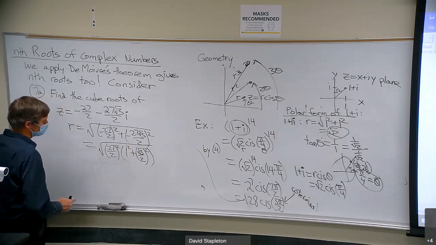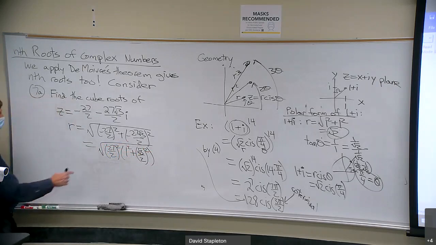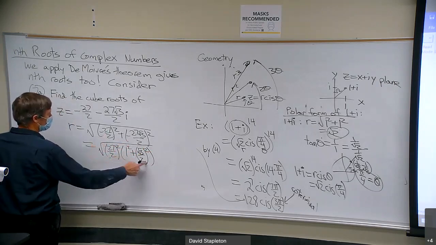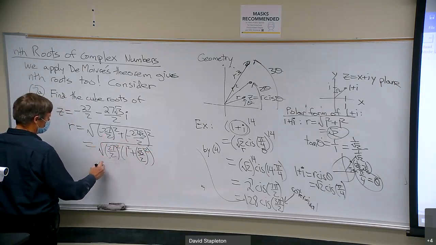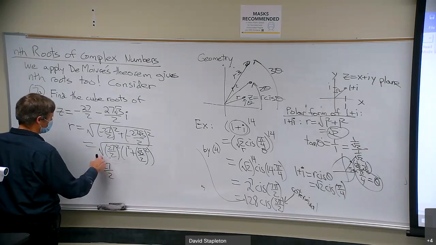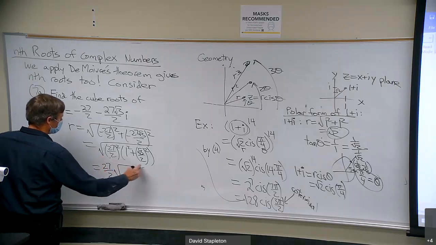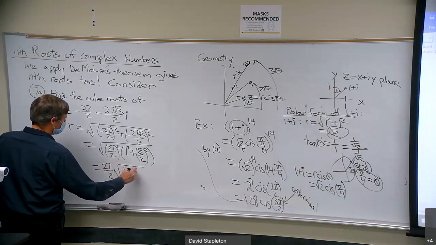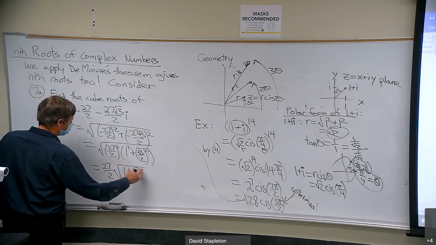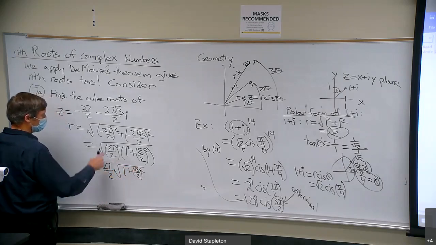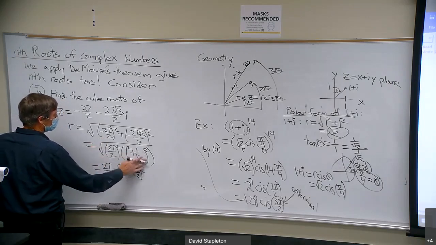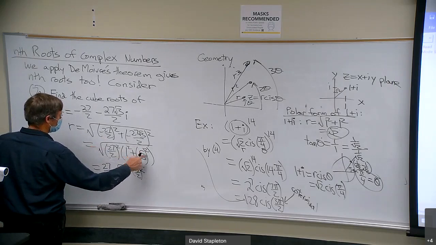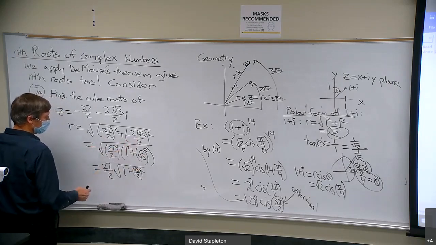There we go. So this times this gives this, times this gives this. And now you can pull the 27 over 2 out. The square root and the square undo each other. 1 plus square root of 3 squared. Well, oops, it's not square root of 3 over 2, it's square root of 3, I'm sorry. All right, this times this gives this. There we go.